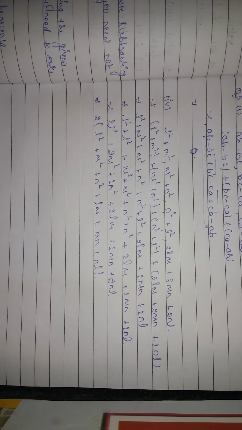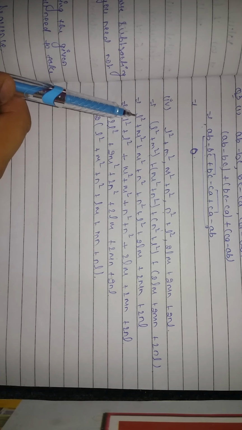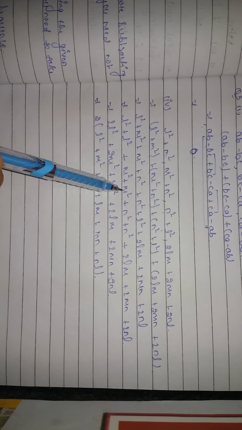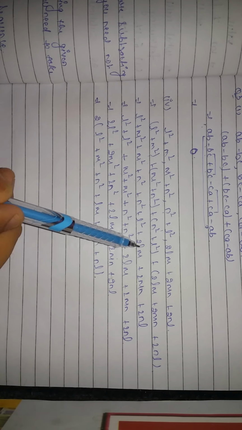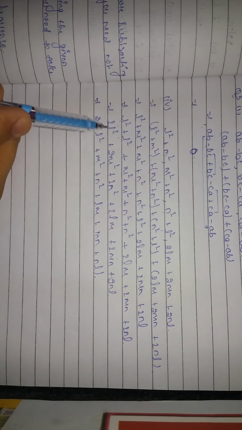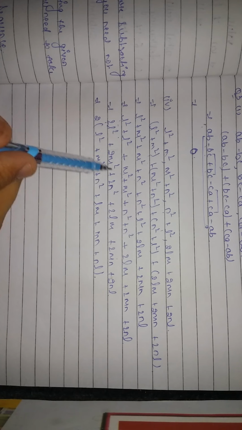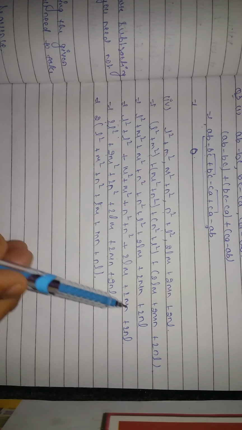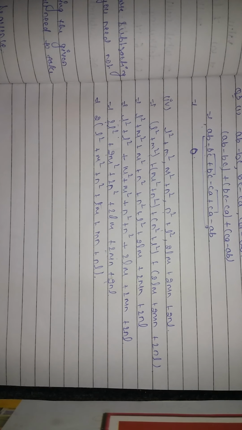Now you have to find out the like terms. So l square plus l square, here I got m square plus m square, n square plus n square, then 2lm, 2mn and 2nl. Now l square plus l square like terms, so it makes 2l square, similarly 2m square, similarly 2n square, plus 2lm, 2mn and 2nl as it is.